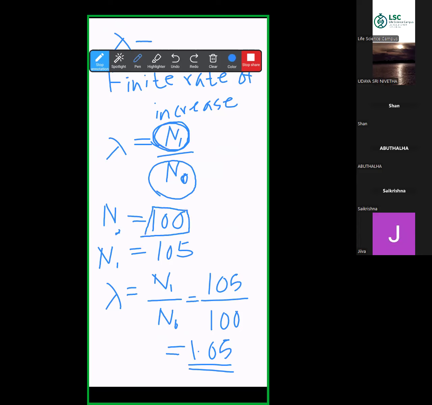In the next year it increased to 105. So 100 here, N0, indicates population size at the initial generation, and N1 indicates population size in the next generation. Is it clear? N0 means the overall population? No, population size in the initial generation, the first generation. Okay.